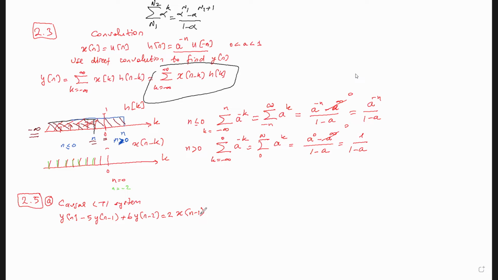Okay? Determine the homogeneous solution. In order to do this, as you might remember, we use a solution with the form z to the power n. Then we can convert this; there are two different notations, and you can use either, it doesn't matter which one.